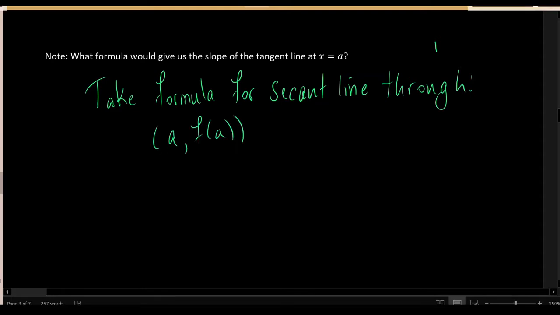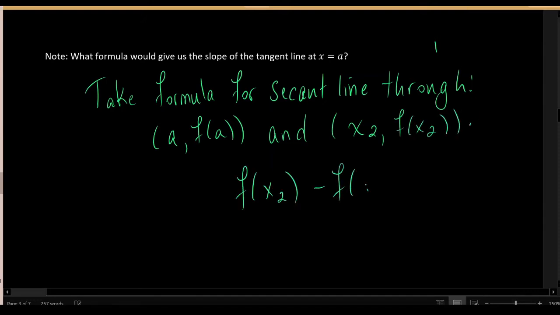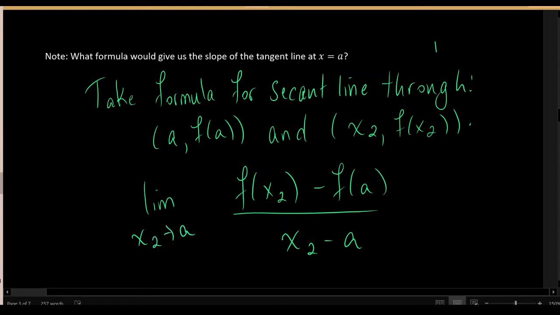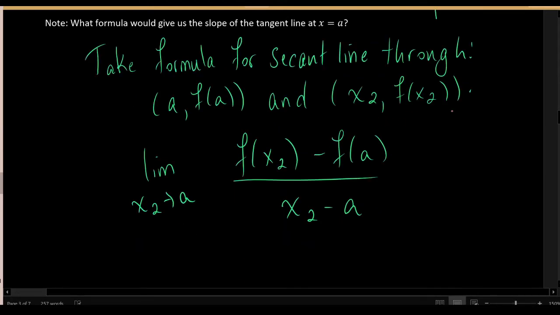I could anchor the secant line to the function at one point where the x value is a, and at some other point close to a, take the slope of the secant line through those 2 points, and then apply a limit. We could let the right point get closer and closer to the left point, and by doing that, the secant line transforms into a tangent line.